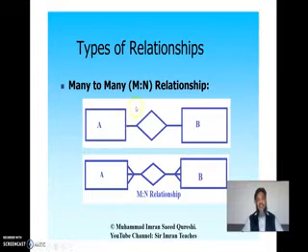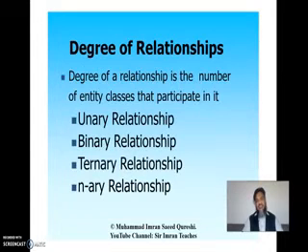So that means its degree is 2. So the number of entity classes that participate in a relationship is known as degree of a relationship. So let's start with it. We have different kinds of relationships or degrees of relationships: unary, binary, ternary, and normally we call higher degrees as n-ary.